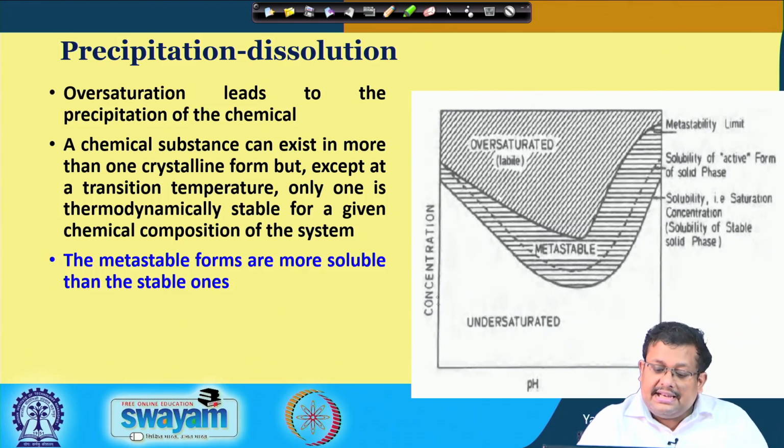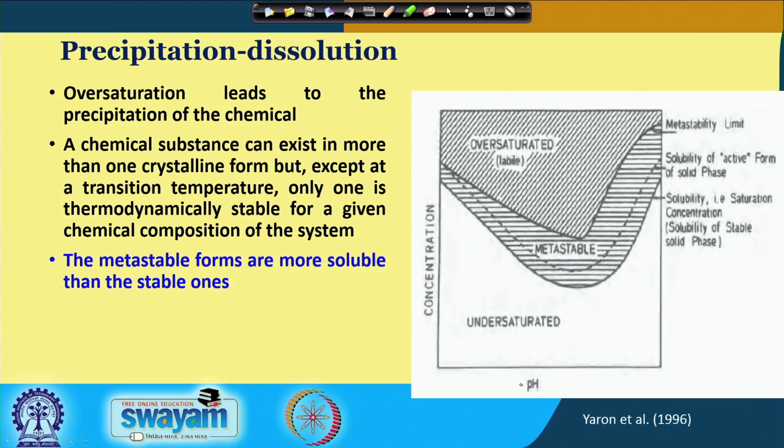If you see the relationship between the concentration and pH as given by Yaron et al. in 1996, this is the relationship between pH, concentration, and under which condition it will be oversaturated or undersaturated. In between this oversaturated and undersaturated region, we can see the metastability limit and metastable conditions.